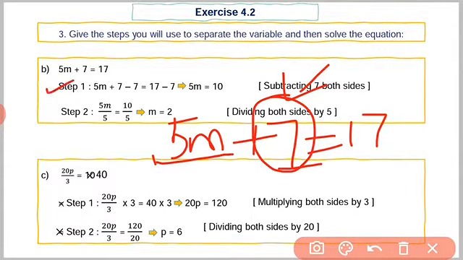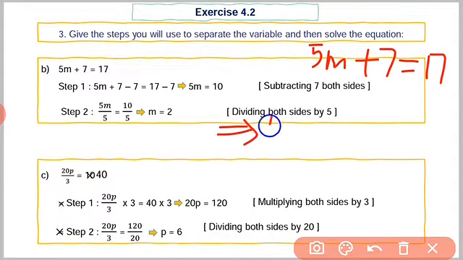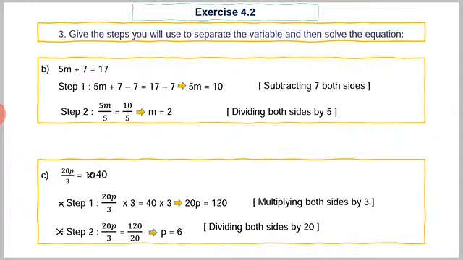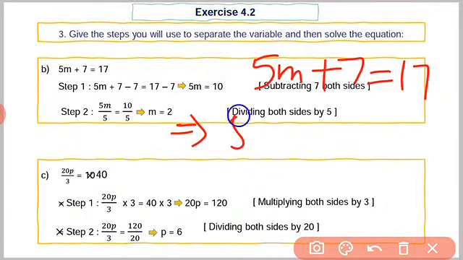So step 1 is to subtract 7 from both sides. So 5m plus 7, subtracting both sides by 7.